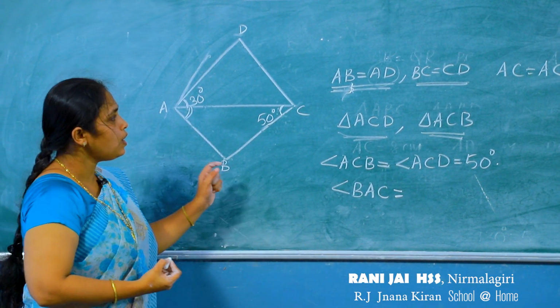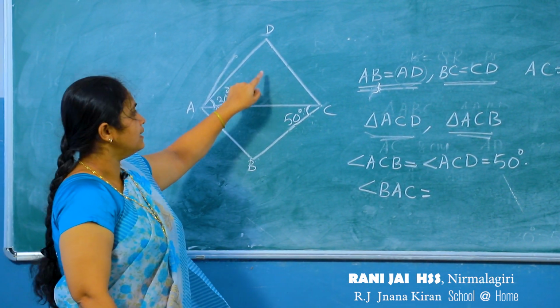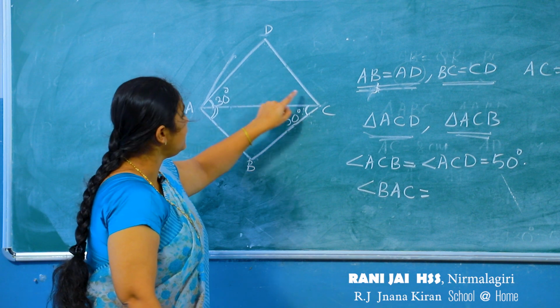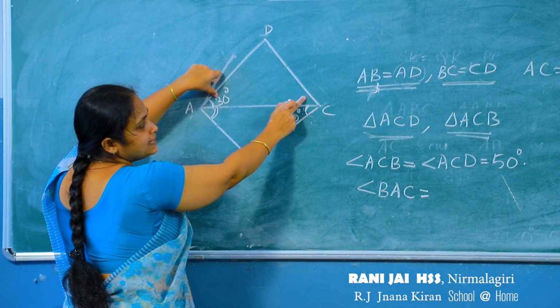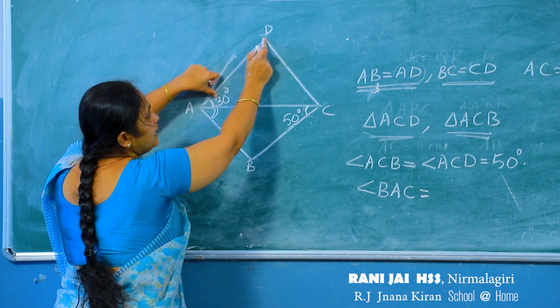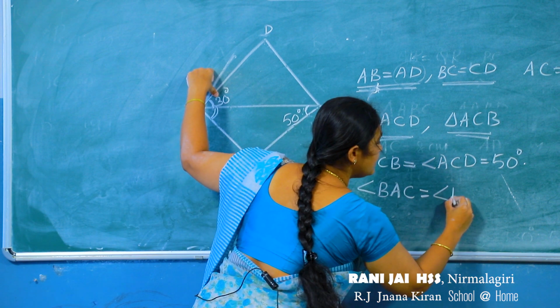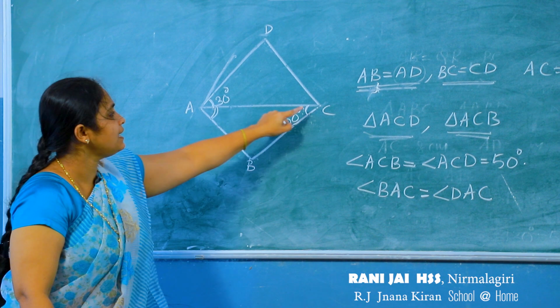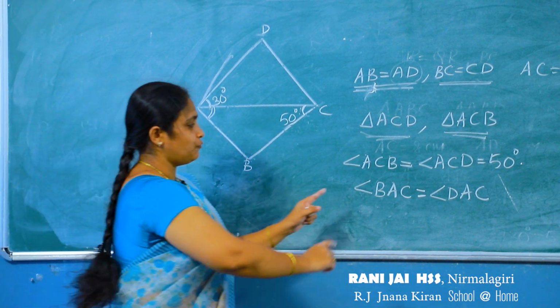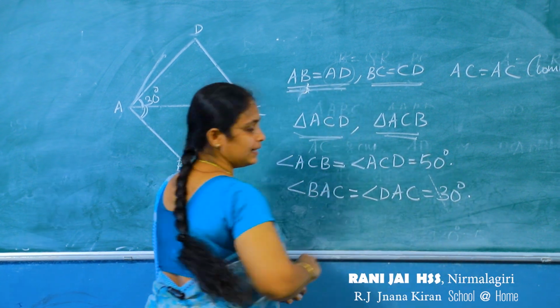Now, consider the side CD in this triangle, and the angle opposite of this side CD is angle DAC. Therefore, we can write angle BAC equal to angle DAC, and it is given that DAC equal to 30 degree. Therefore, angle BAC also 30 degree.